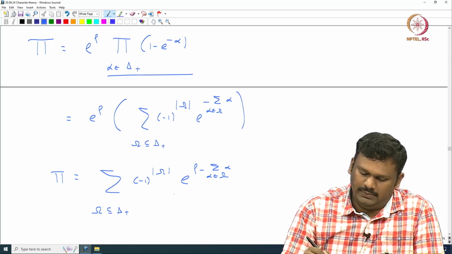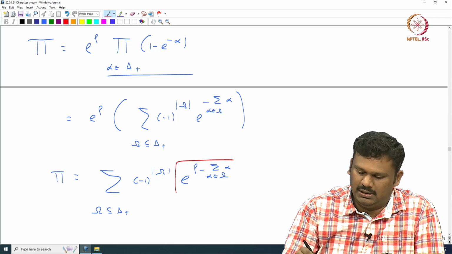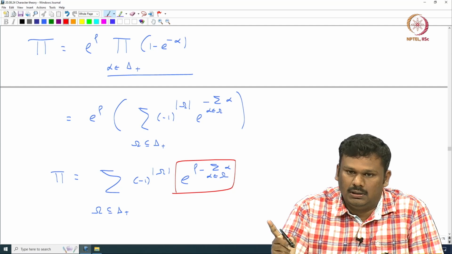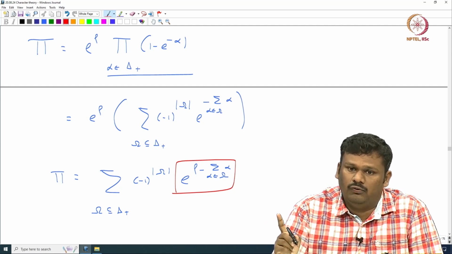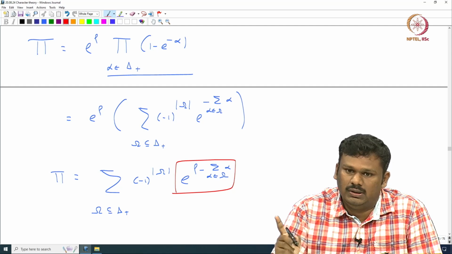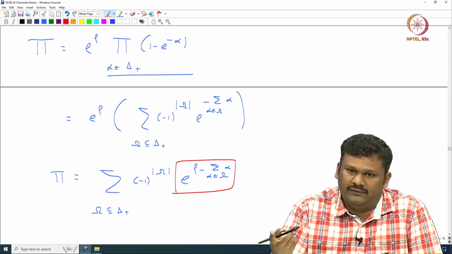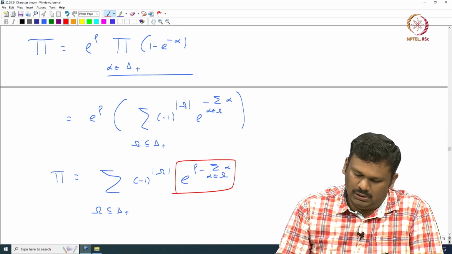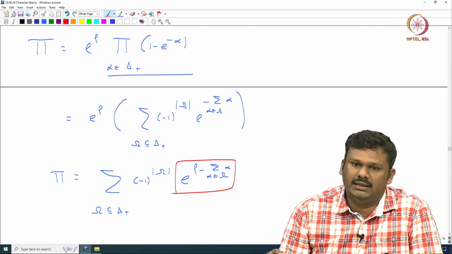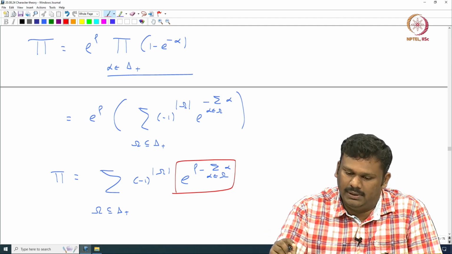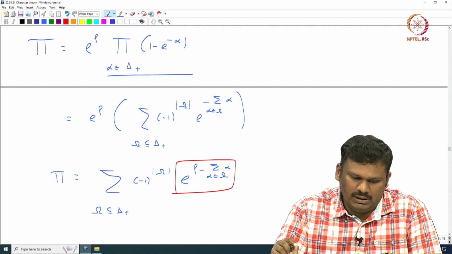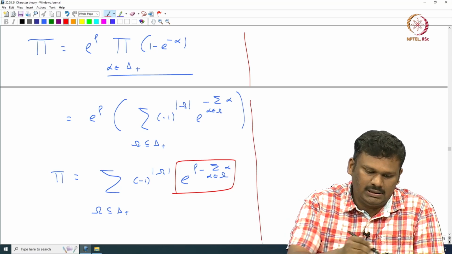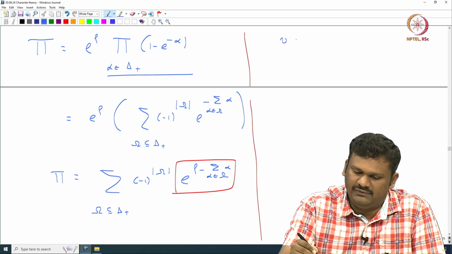But we know something about these elements. Okay. These elements are going to be either of the form e power w rho for w in W, or otherwise it is going to lie in a reflecting hyperplane. So, we are going to use that and then see what will happen to these elements. So, let us say they lie in the reflecting hyperplane, what will happen? If you take that particular case, then you can see that, okay, let us call this v.